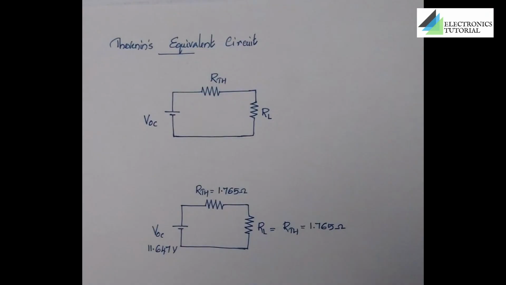VOC value as 11.647 and both the resistors with 1.765 ohm. In order to find the maximum power, we can use any of the expressions for power, V into I or I square R or V square by R.